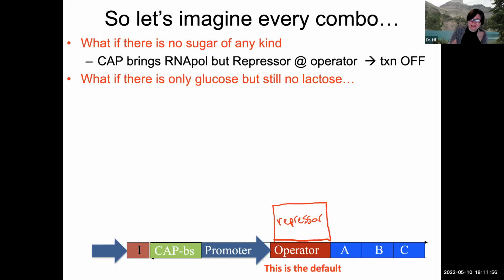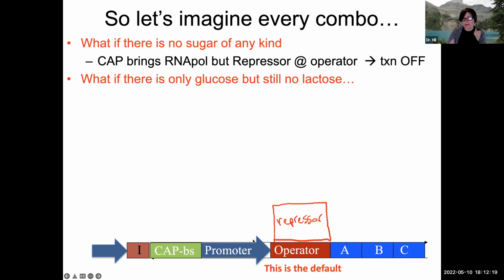CAP, is it bound here or not? Is CAP active or not active? Correct, CAP is gone. Glucose is around, ATP is high, cyclic AMP is low, CAP is not here. So is RNA polymerase here?